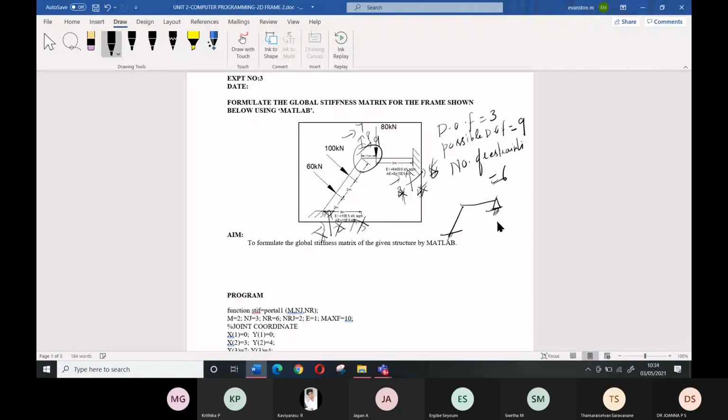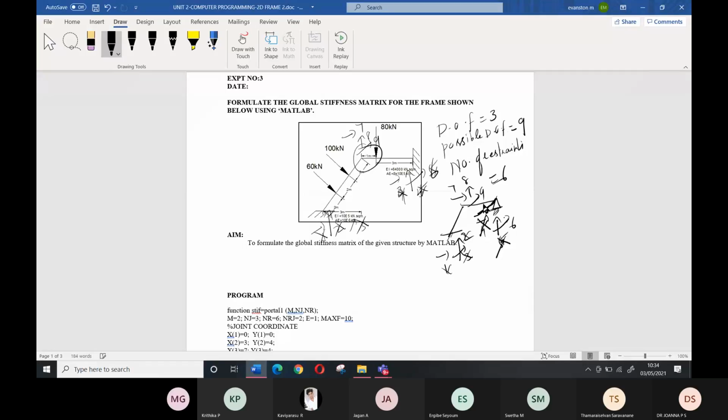If you number it 1, 2, 3, 4, 5, 6, 7, 8 and 9: 1 is restrained, 2 is restrained, 3 is restrained, 4 is not set. It's not a roller, so 4 is restrained, and 5 is restrained. 6 is allowed because it can rotate.